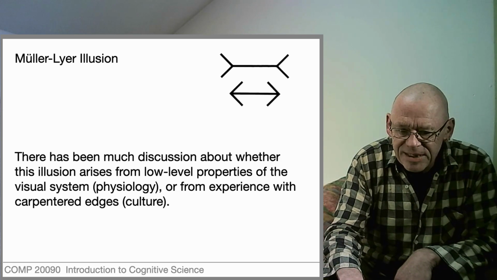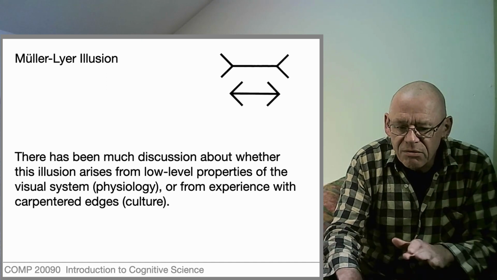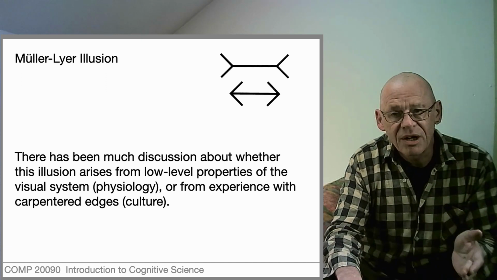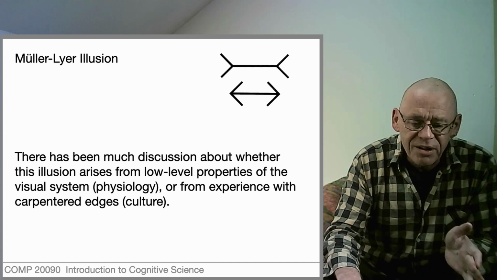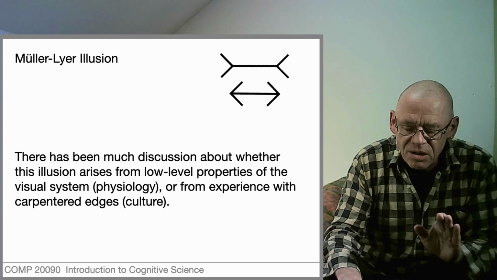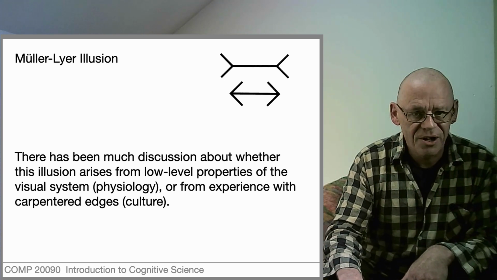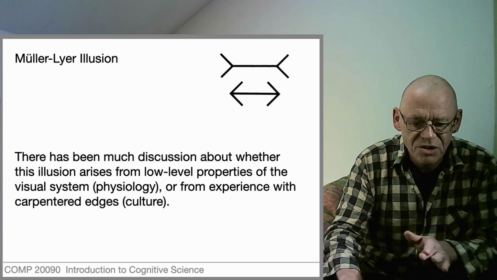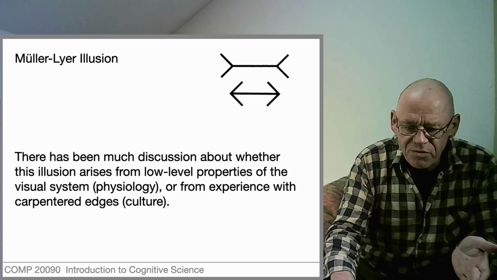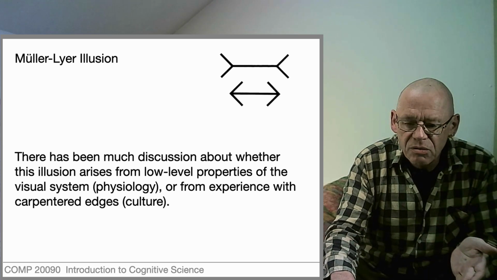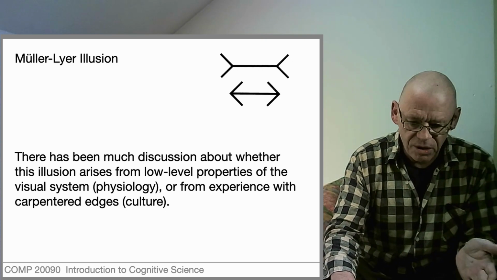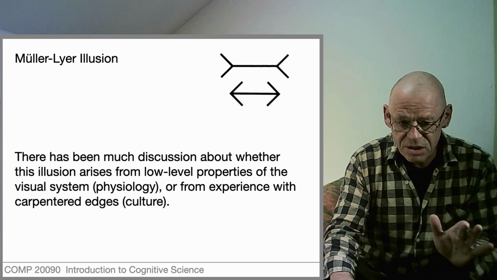But it was found that the strength of this illusion depends not on your physiology, but on your culture. And isn't that strange? Now, this was found by performing what's almost never done, performing this psychological experiment.